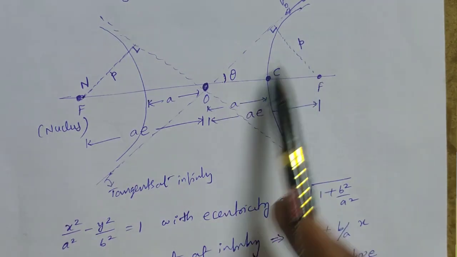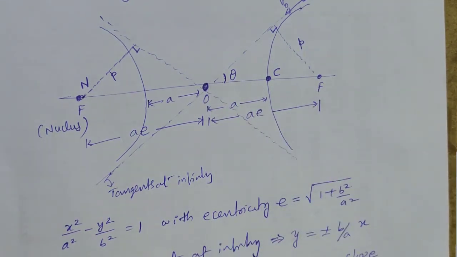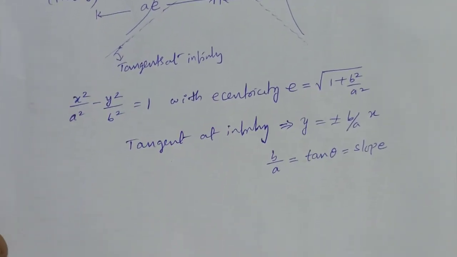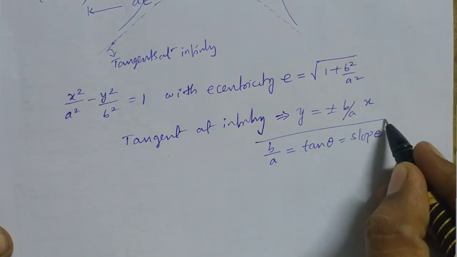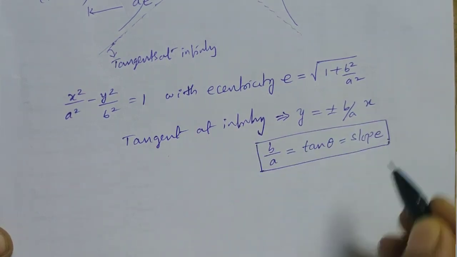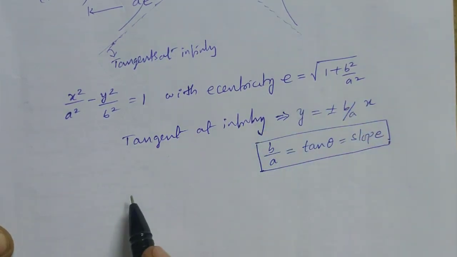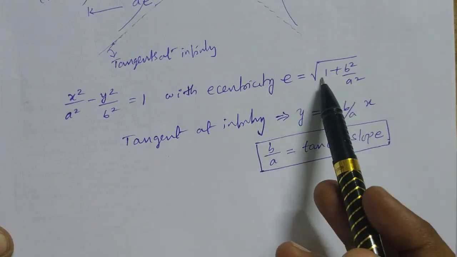Sin theta will be opposite side divided by hypotenuse. But before going to that, let us substitute in the eccentricity equation.